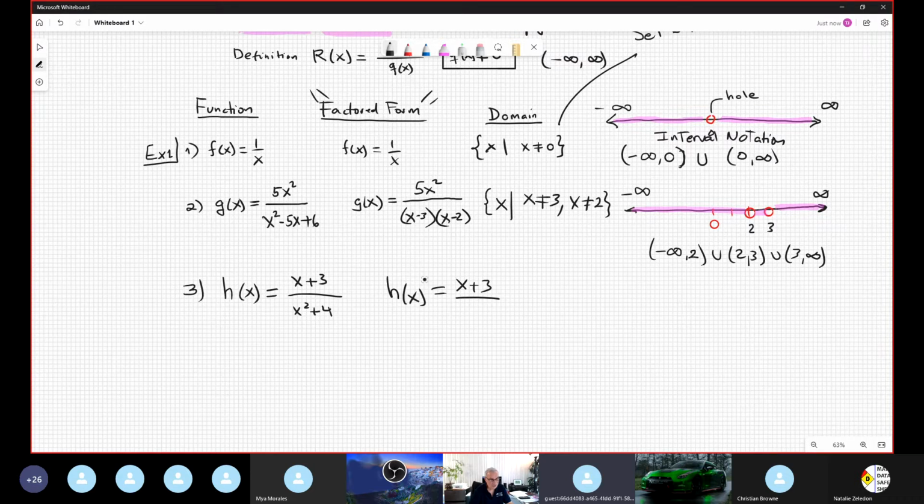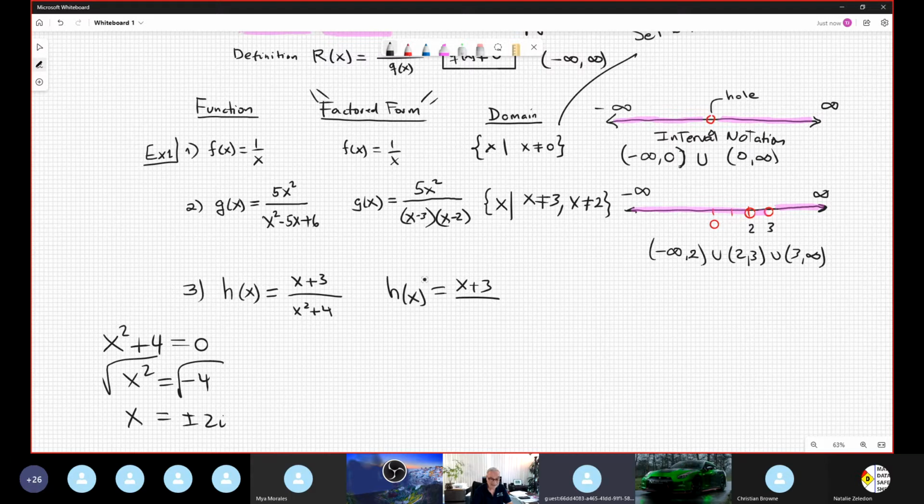How can you identify it? Well, you can identify it in different ways. Suppose that you set it equal to 0, because I want to investigate the undefined values, the domain. You solve for x by taking the square root of both sides. Plus or minus 2i. Because you know very well that when you have a negative number inside the square root, it's imaginary.